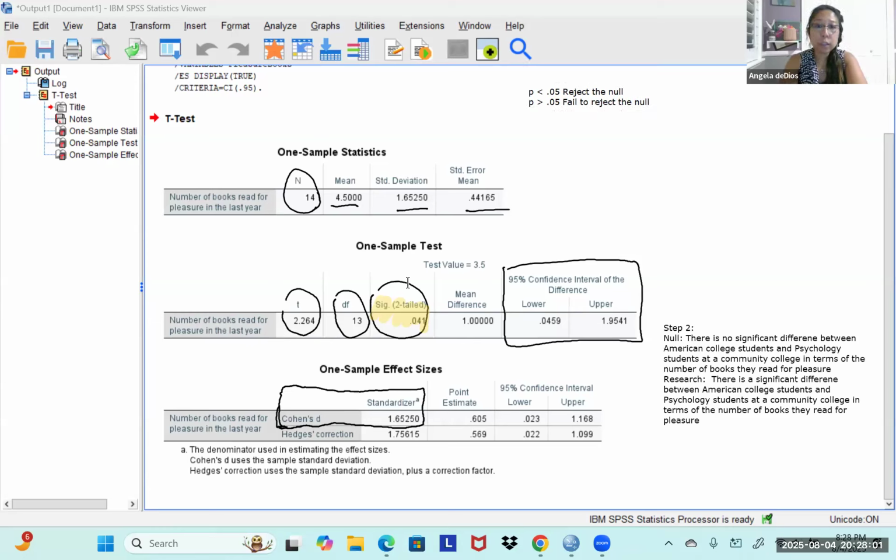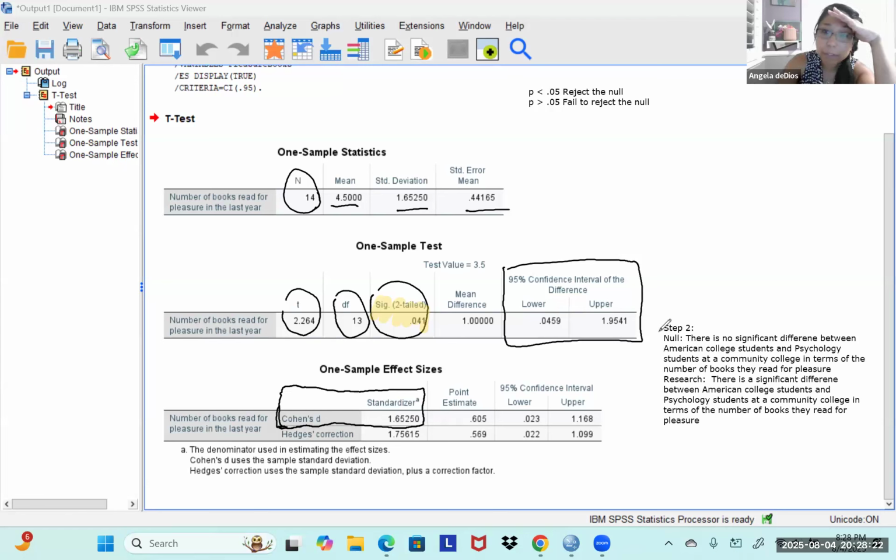So if we look at the significance value, it is 0.041, and that is less than 0.05. Therefore, we reject the null hypothesis. Now, we might have to remind ourselves, what was the null hypothesis again?